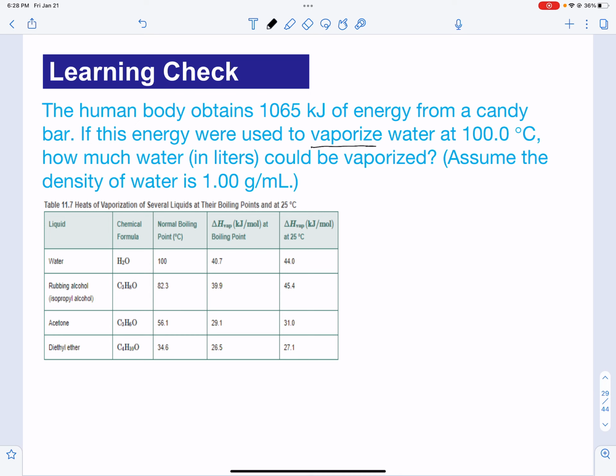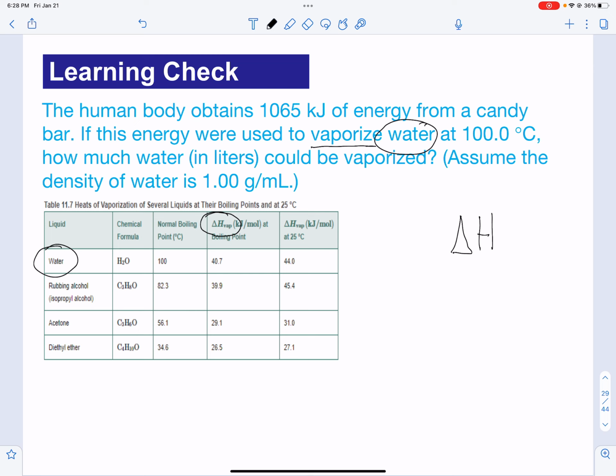Like I told you before, these changes of state require energy, and the energy is usually given in the form of enthalpy. We're talking about vaporizing water, so we have a table with values, and we have water here. The enthalpy is going to show either for boiling or condensation, or for freezing or melting.